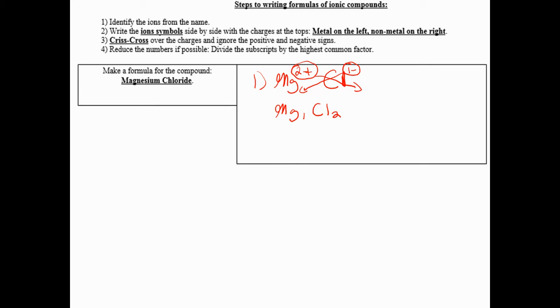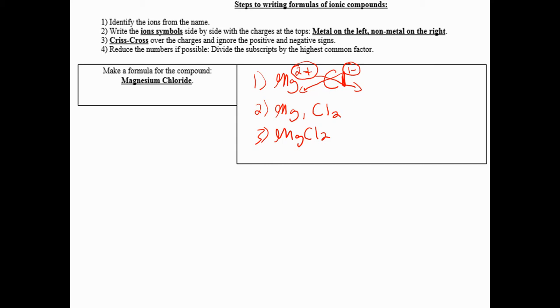We know they're ions. We just don't put the charges in there. And to clean this up, I rewrite it like this, MgCl2. Because if there's a 1 there, you don't have to write it in. So basically just grab the charges from the top, crisscross them, and then afterwards get rid of the plus and the minus sign, and there's your formula.